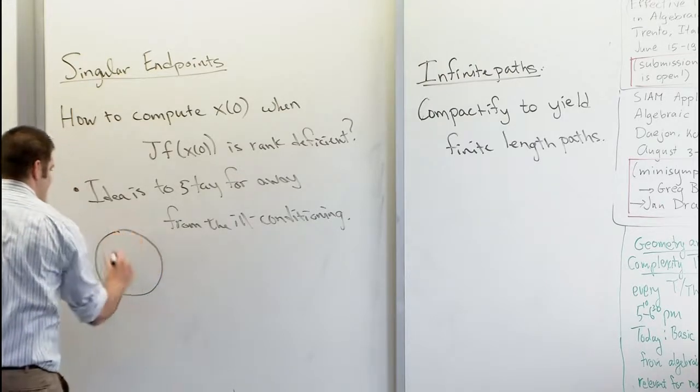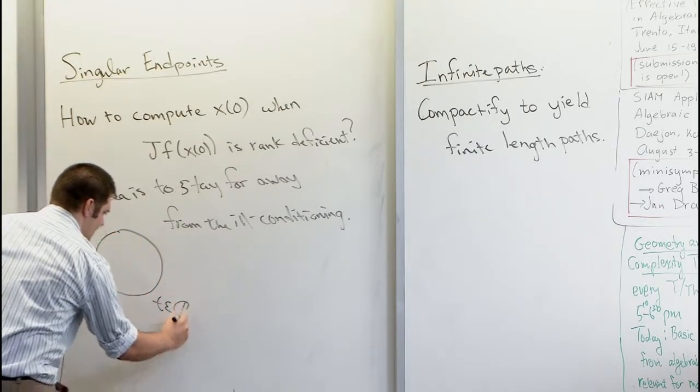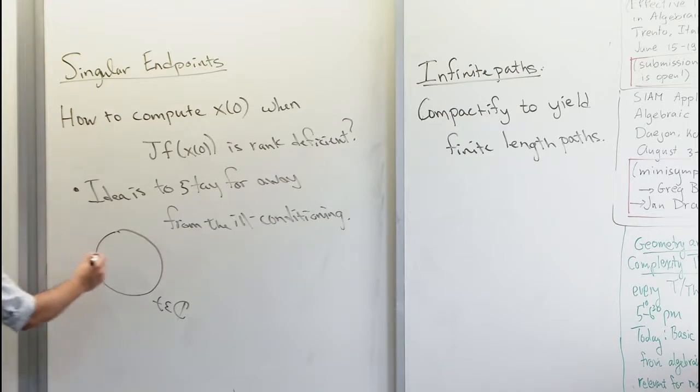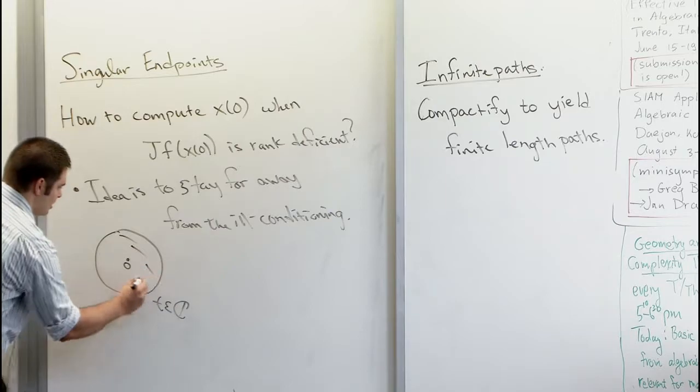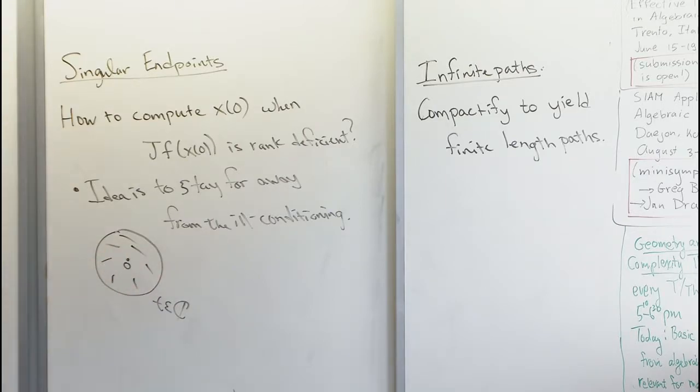So here's my t, and now I'm thinking of t as a complex number. At t equal to 0, I have a rank-deficient Jacobian. Everywhere else, my Jacobian is full rank. So can I use things in this well-conditioned region to approximate an ill-conditioned answer?